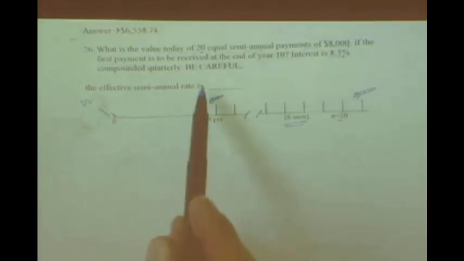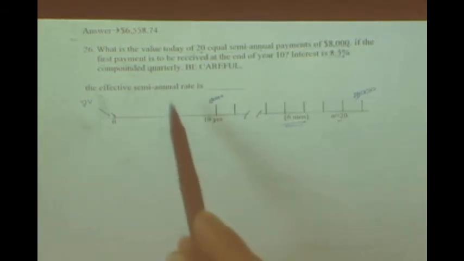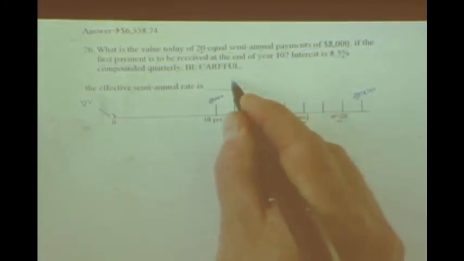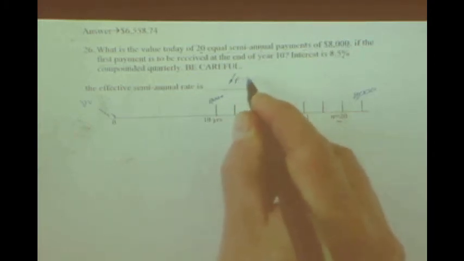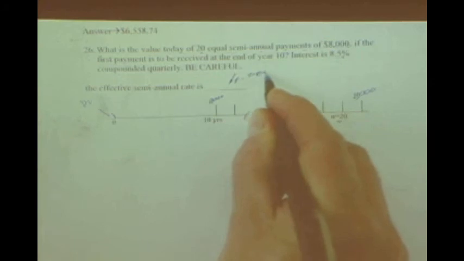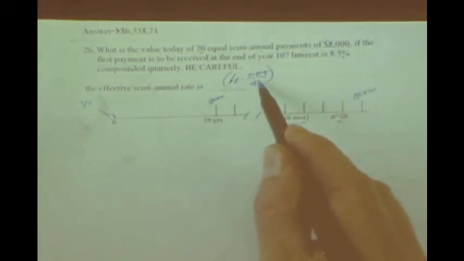But before I can use my annuity equation, I need an effective 6-month rate. Well, what we're given is 0.085 compounded 4 times per year. We're given a quarterly rate. So 1 plus my quarterly rate, what goes up here to expand that to semi-annual? 2.